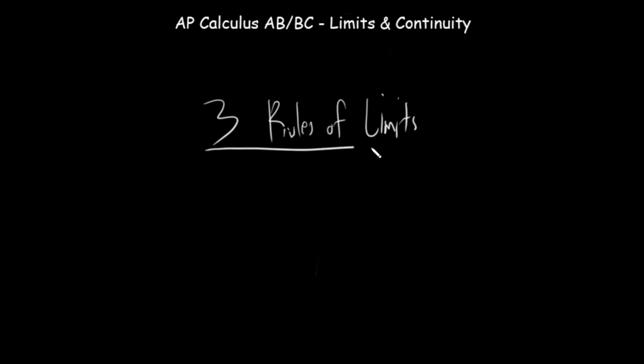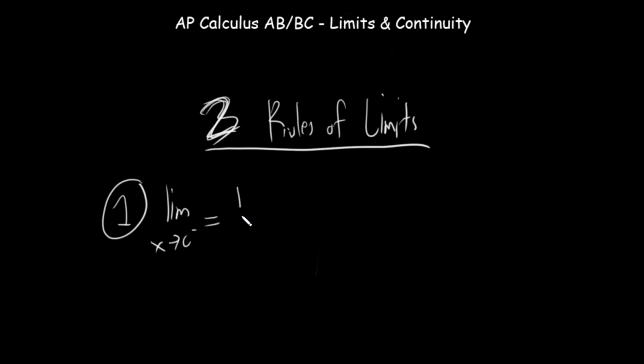There are 3 rules of limits. Well, actually, there's 2. One, for a limit to exist, the limit as x approaches c from the negative side has to equal the limit as x approaches c from the positive side.